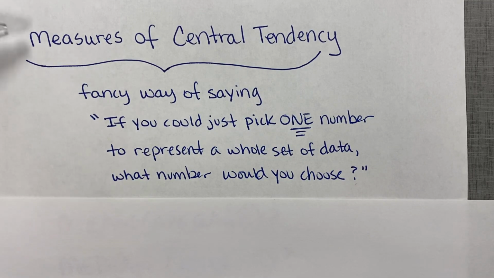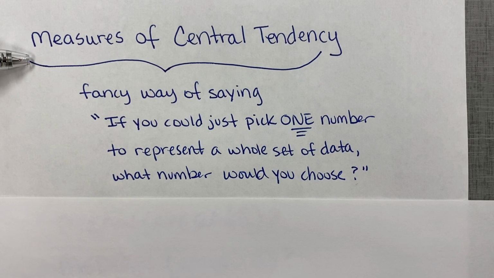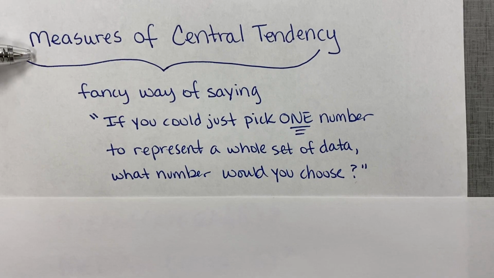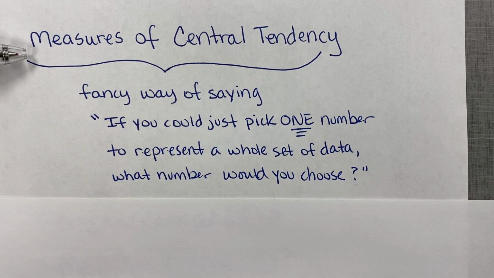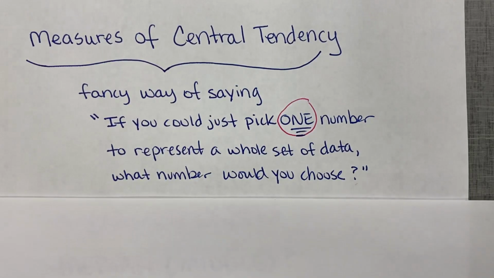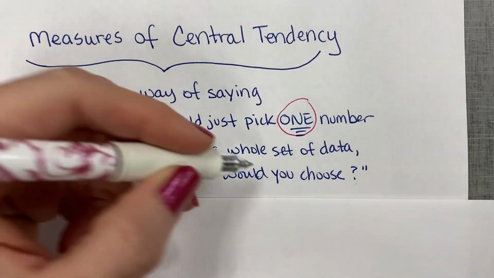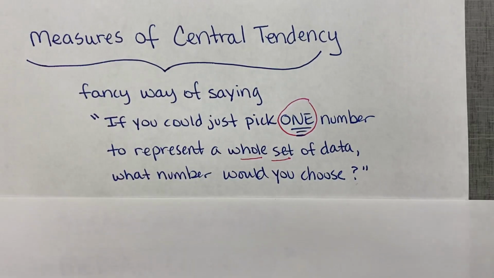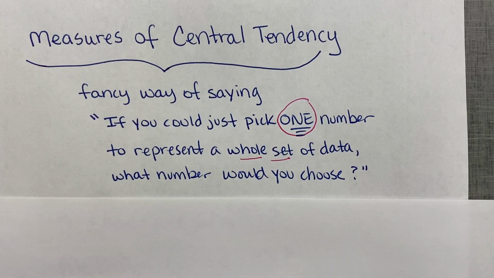Let's rephrase that. A measure of central tendency is a way to get one number, that's the key, one number that can represent the whole set of data pretty well.